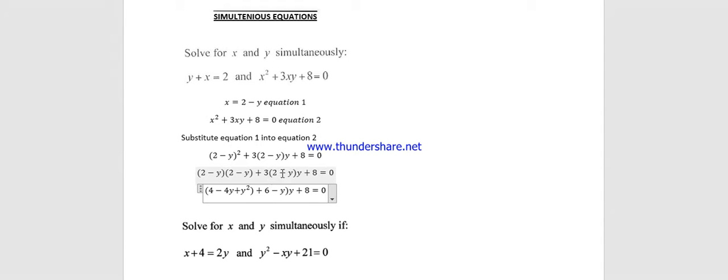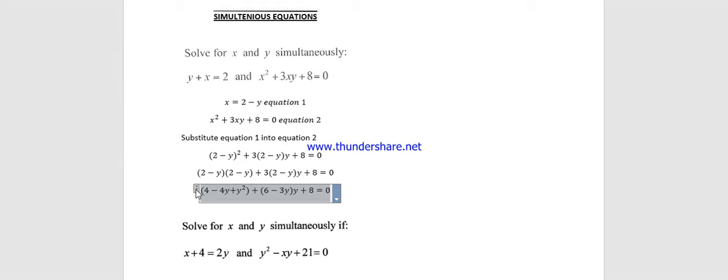So this times that, you're going to get 6. And 2 times negative 3 times negative y, you're going to get 3y. Sorry, this is within the bracket, positive 3y there, right? This y comes down, and positive 8 we're also going to take down.